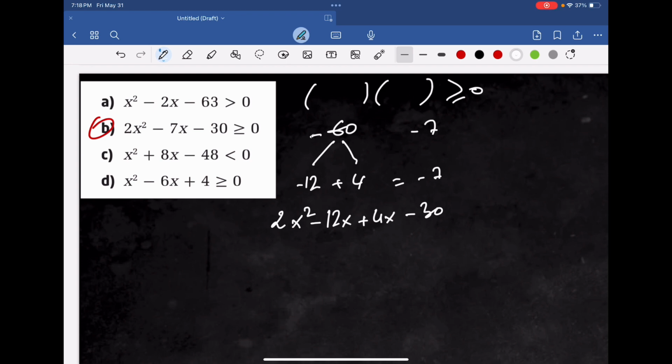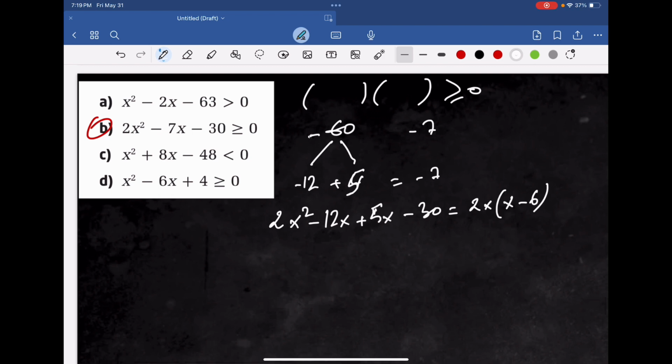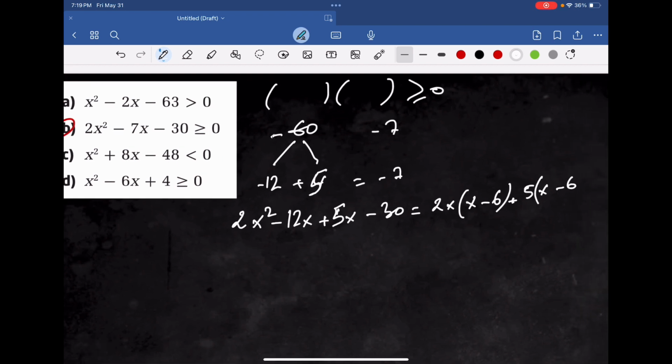This is the same as 2x times x minus 6 plus 5 times x minus 6, so this will be equal to 2x plus 5 times x minus 6.